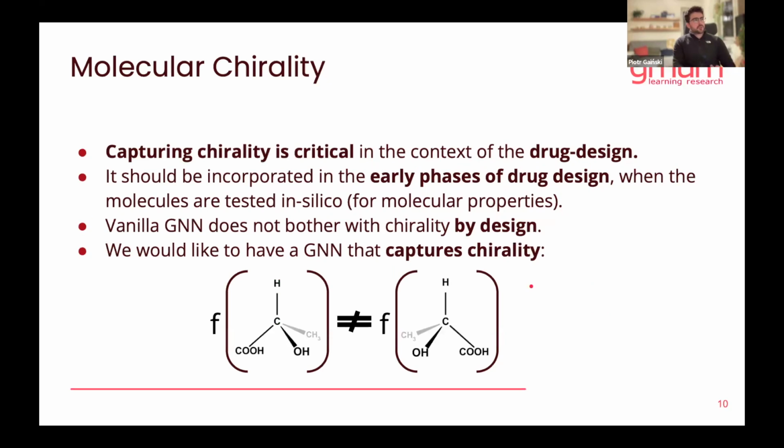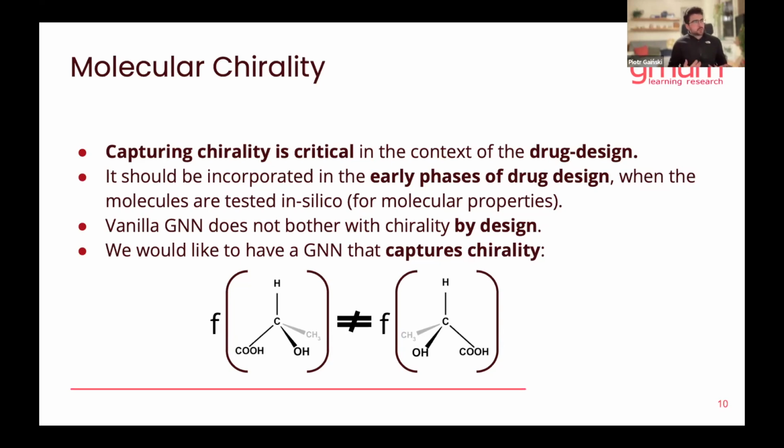For that reason, I believe that capturing chirality is critical in the context of drug design, and it should be incorporated in early phases, especially where molecules are tested in silico for molecular properties. The problem is that most methods, such as vanilla message passing graph neural networks, are unable to capture chirality by design.